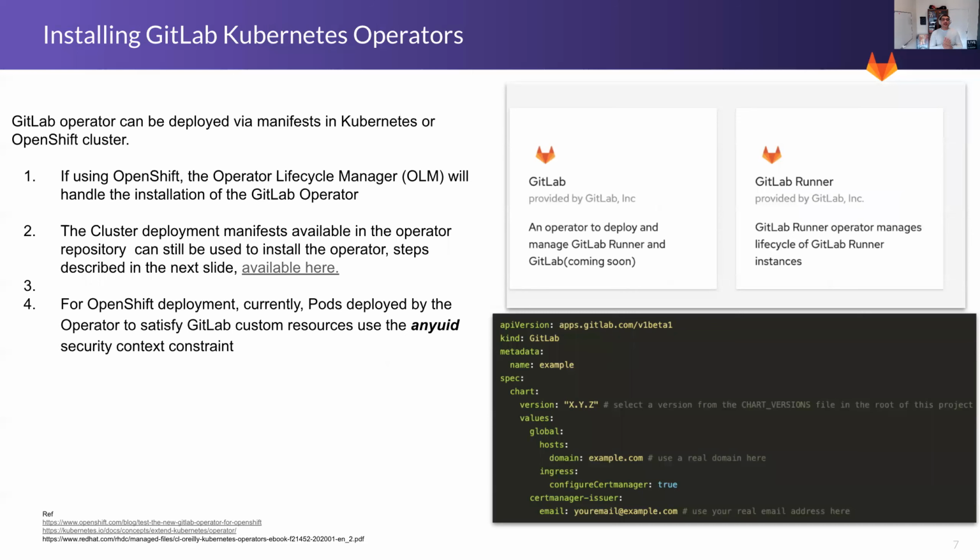So why should we care about GitLab Kubernetes operators? Let's say the key trigger for them was deploying GitLab against OpenShift, right?